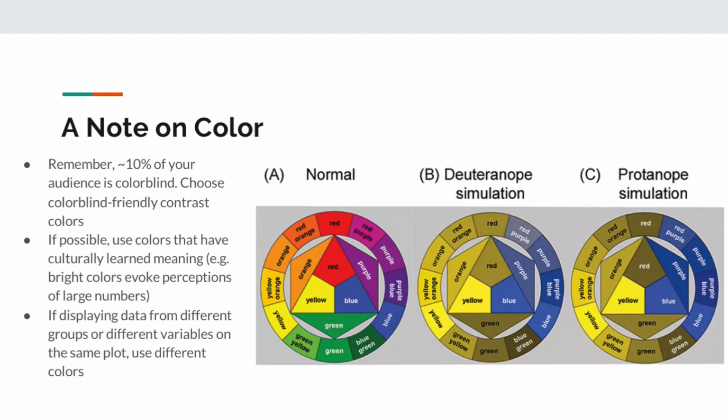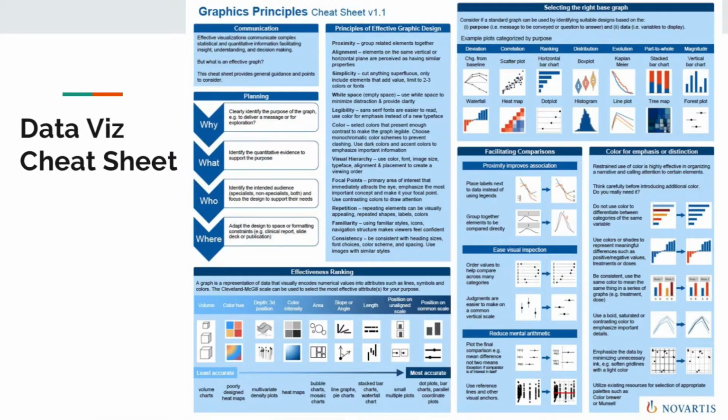The place I took all of these recommendations from, and that has many, many more recommendations, is this data viz cheat sheet I found on Twitter that's really informative. So if you have these slides, maybe really zoom in onto this to read through it.